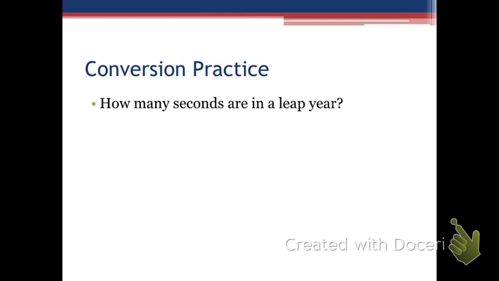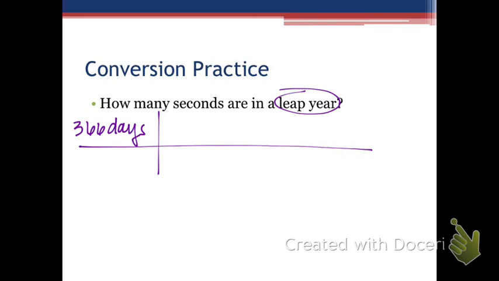It says, how many seconds are in a leap year? So what does that mean we need to start with? We start with days, because we weren't even given a number to start. We always start our T-chart with what we know, and I know there's 366 days in a leap year.